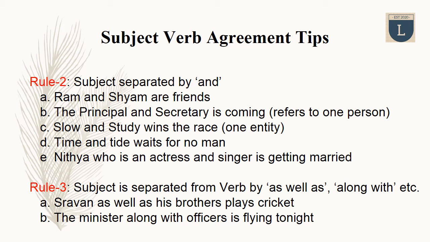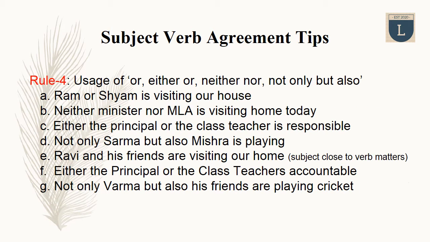So plays is the singular verb to be used. Second example: the minister along with his officers is flying tonight. Is is a singular verb, since the minister is flying along with his officers. So whenever we use as well as or along with, we need to use a singular verb.